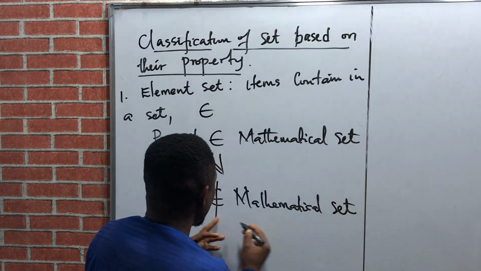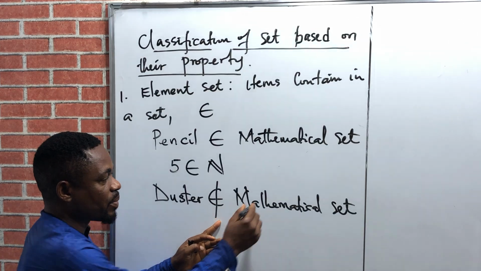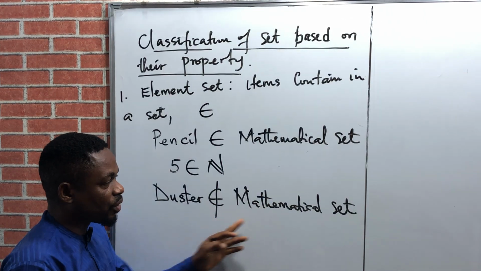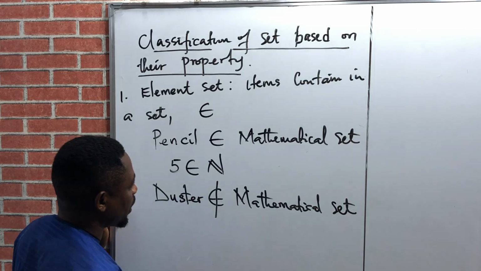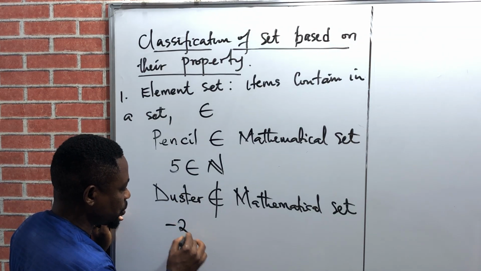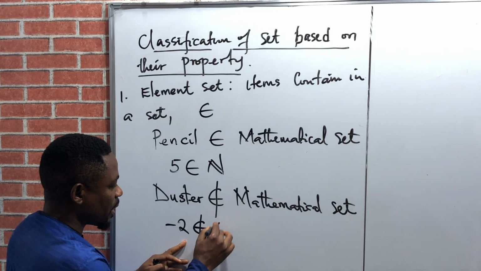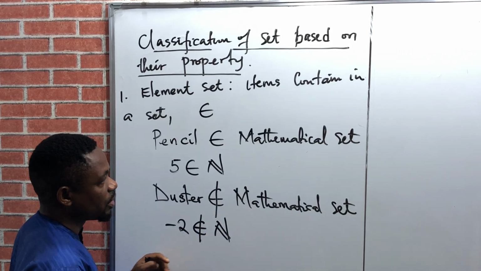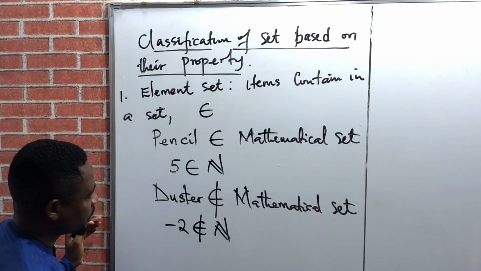Watch. Anytime you see this symbol, the element symbol with a slash, it means it is not a member or an element of the set. In other words, if I use another number that is not a natural number, let's say -2, I will say -2 is not a member of the natural numbers. So that is all about the element set.